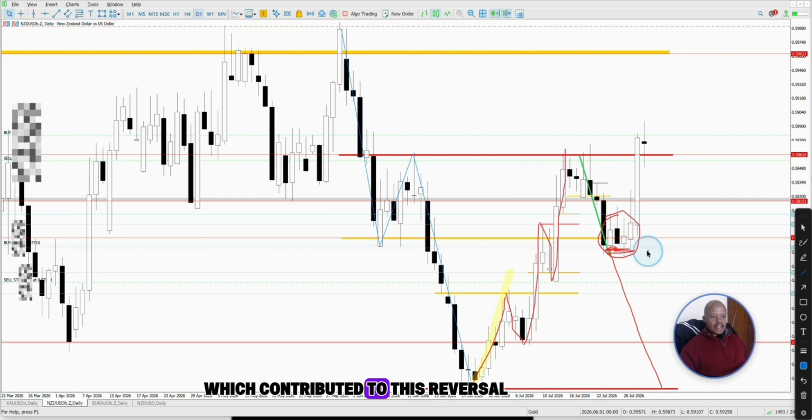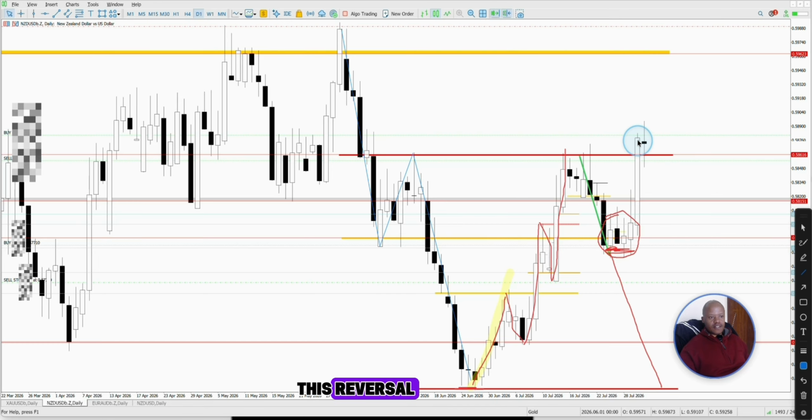Which contributed to this reversal. The chances of reversal here were extremely high, according to what I've mentioned.